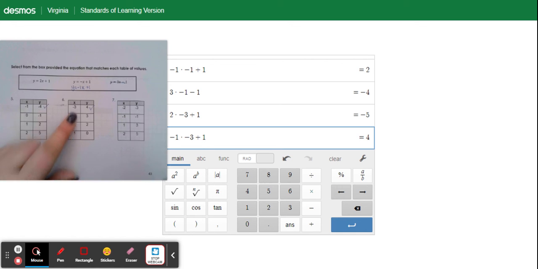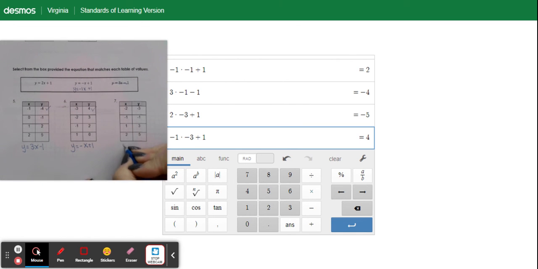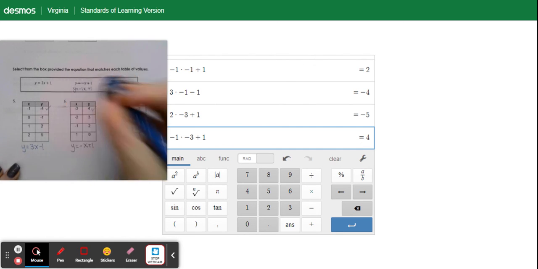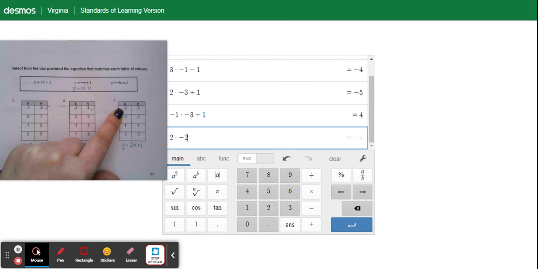That is right. And I know that this can't work, so this one is going to be y equals negative x plus 1. And I know this has to be y equals 2x plus 1. But let's just make sure with this first point. Does 2 times negative 2 plus 1 equal negative 3? It does. So that is that last problem.